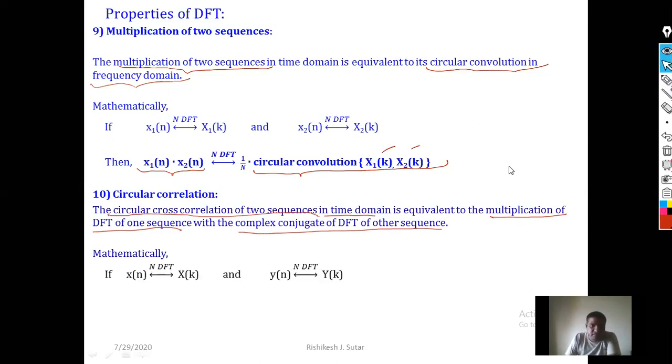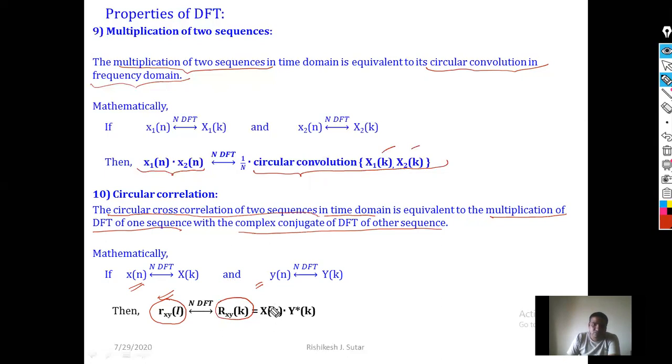What I can write mathematically is, if again x of n its N-point DFT is x of k, y of n its N-point DFT is y of k, then the circular correlation, which you can indicate like r x y of l, of x of n with y of n, its N-point DFT is equal to r x y of k, and that is equal to what?